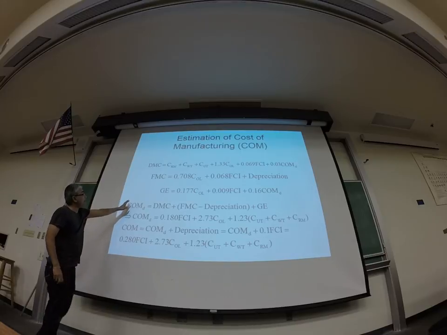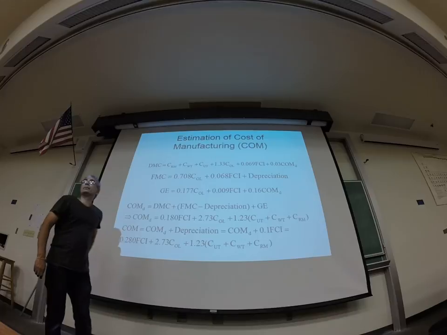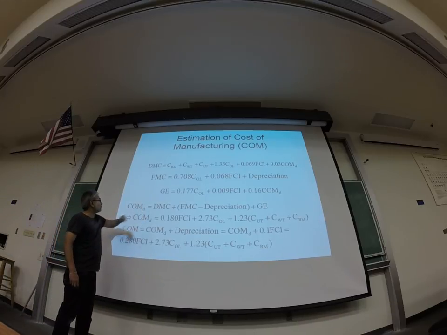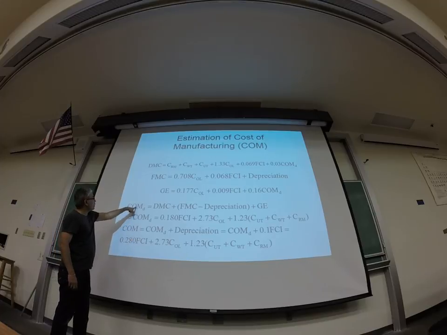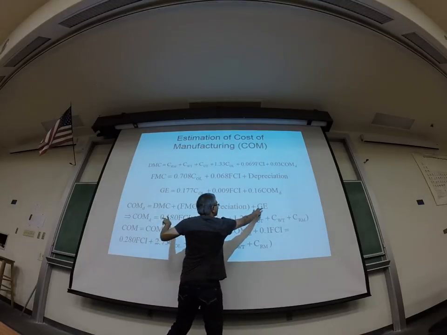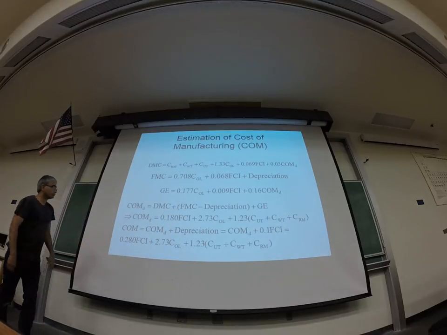COMD, because D is a subscript, means cost of manufacturing without depreciation. Because if you remember, in the FMC you include depreciation, right? So without the D, that would be the total cost of manufacturing. COMD means without depreciation, so it's the direct costs and the general expenses, but you remove the depreciation from the FMC.